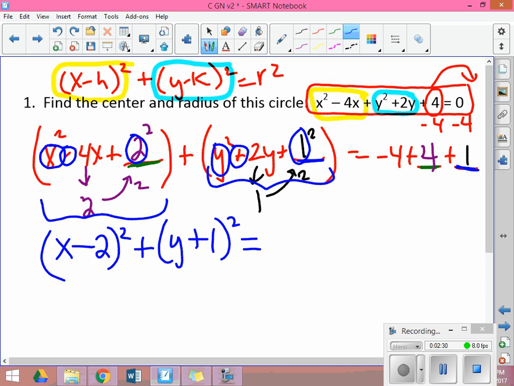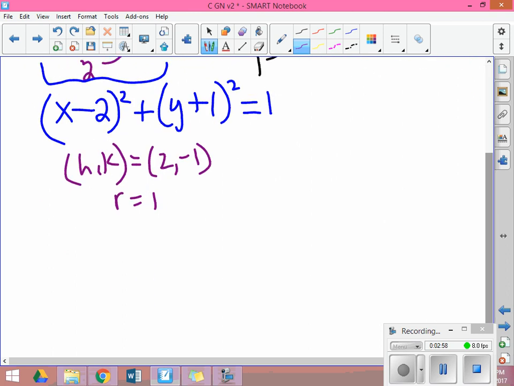Equal to minus 4 plus 4 is 0, plus 1 equals 1. Now we can clearly see my center is at 2, negative 1, and my radius, the square root of 1, is 1. And so while it looks extremely complicated, it's just a couple of simple steps to unfactor, unfoil that equation.